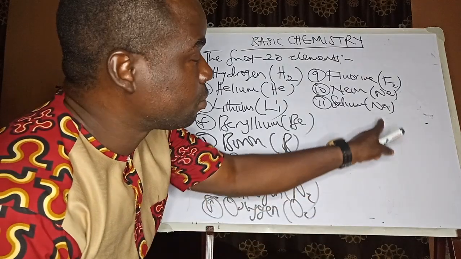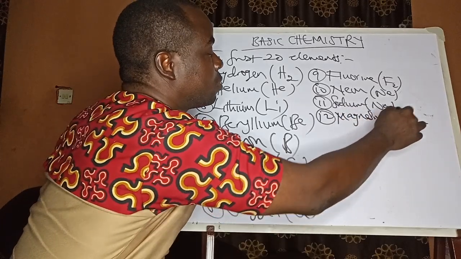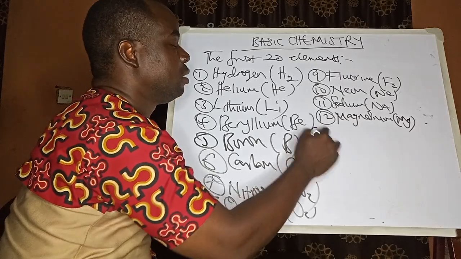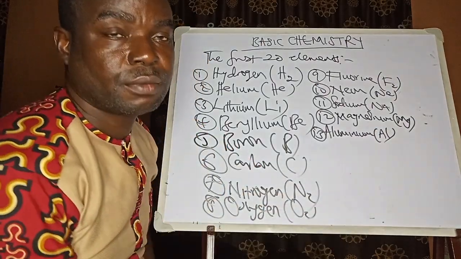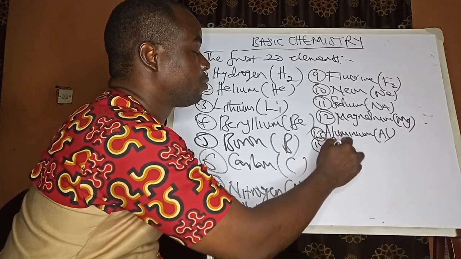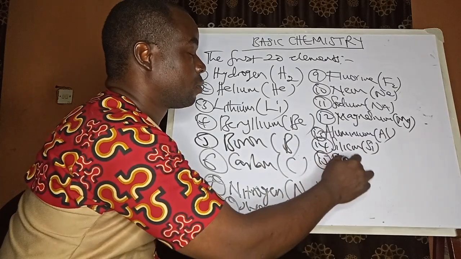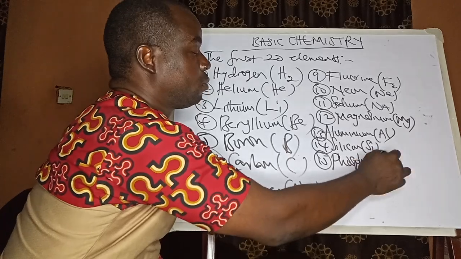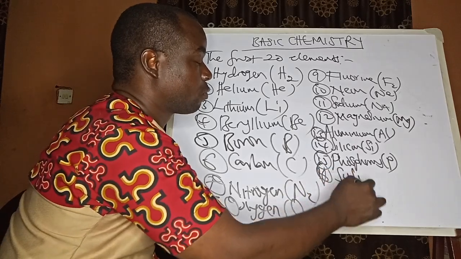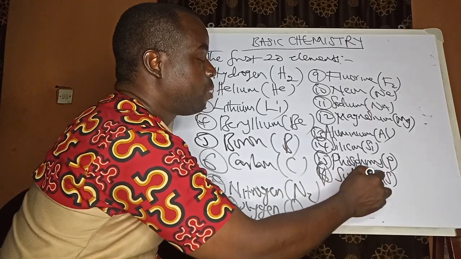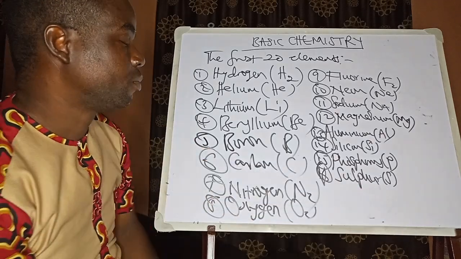Sodium is Na. 12 is magnesium. 13 is aluminium. 14 is silicon. 15 is phosphorus. 16 is sulfur. Sulfur is spelled S-U-L-P-H-U-R.